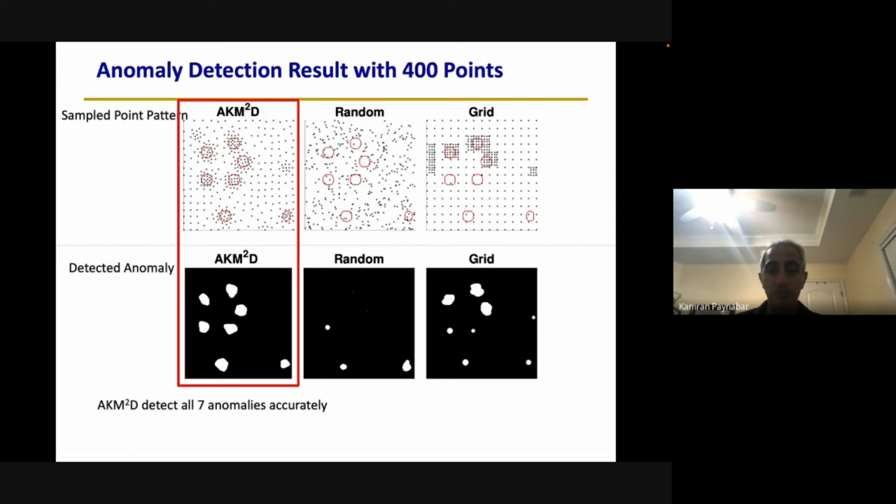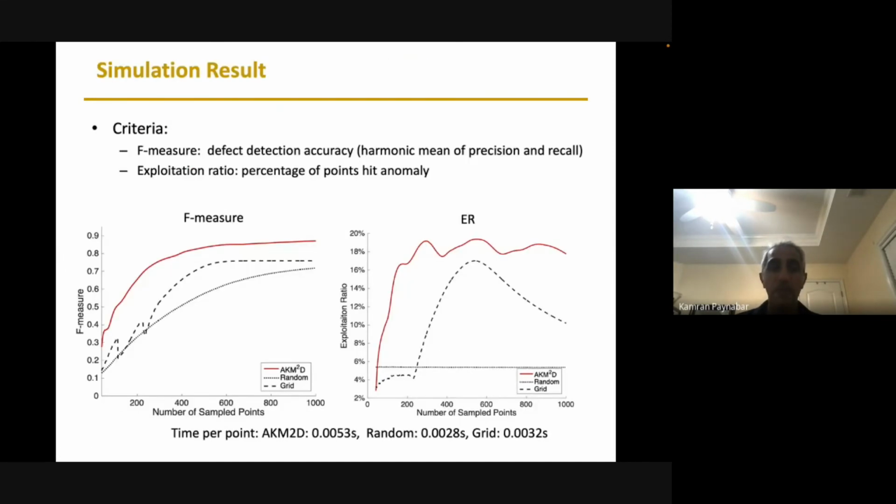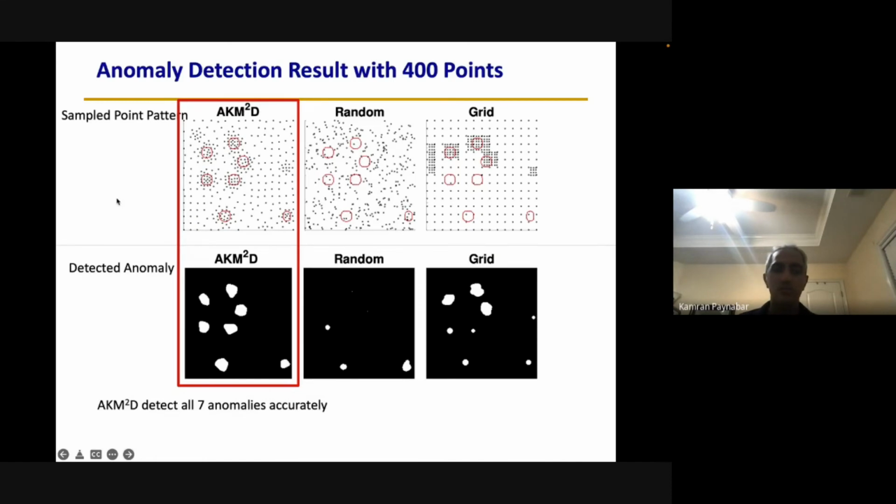All right, and we also have some statistical measures. Basically, we have accuracy, false positive and false negative. False positive is when there is a location which is not anomalous, but we mistakenly say it's an anomaly.